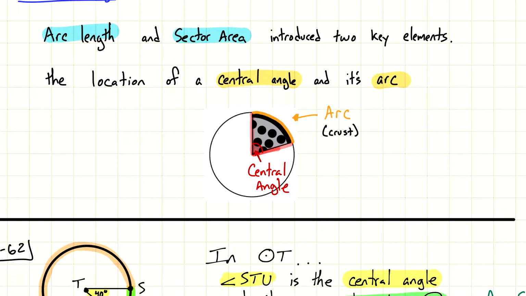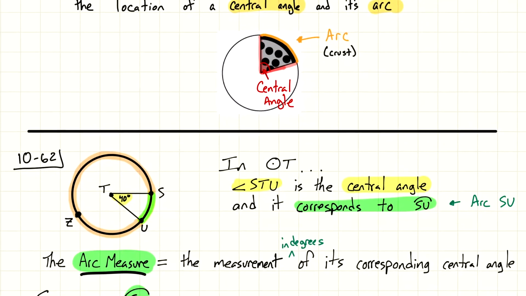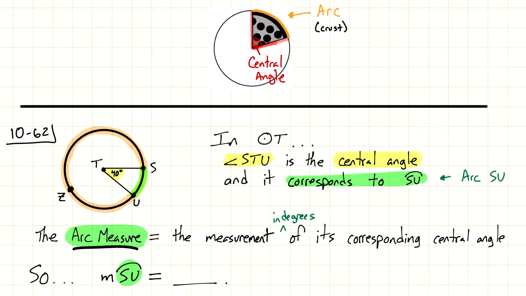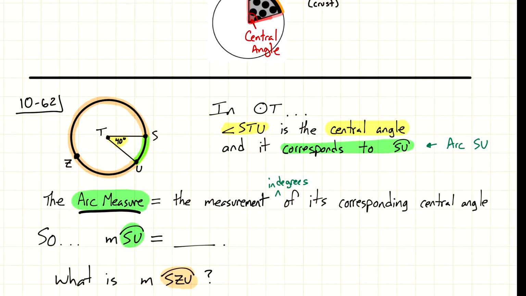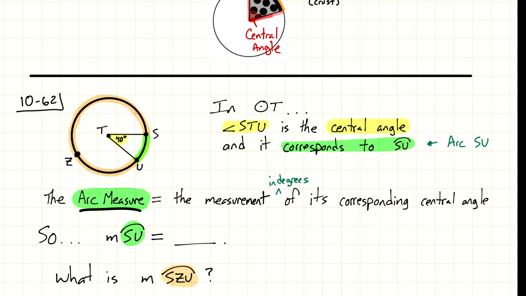All right, so moving forward, I think I'm skipping a problem. I'm jumping into problem 62, which has us looking at circle T, a circle with center T. We have angle STU identified as a central angle, which has a measurement of 45 degrees.